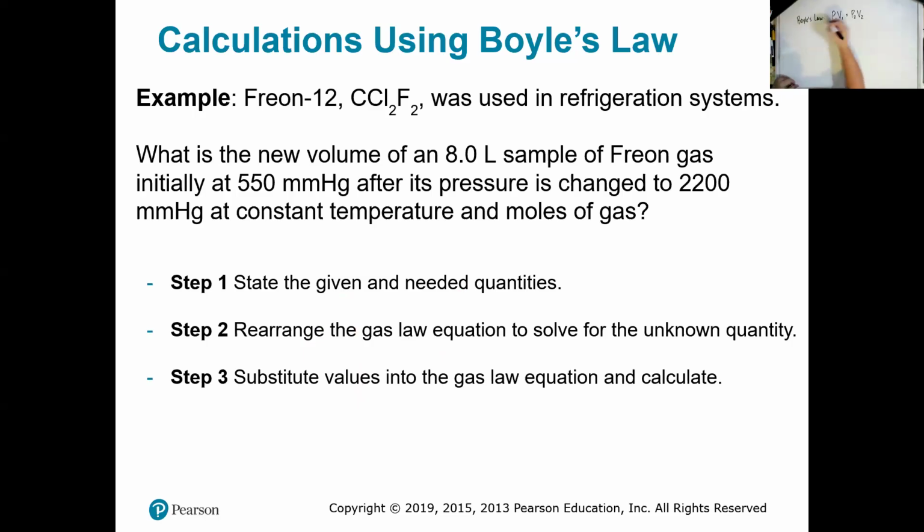So our original situation will be our P1 and our V1. Our original pressure was 550 millimeters of mercury. I like writing torr because it's shorter, but I don't want to confuse anyone.